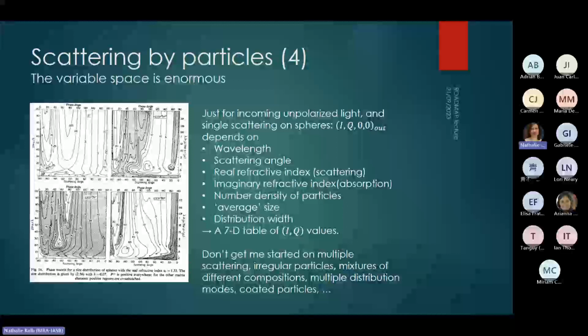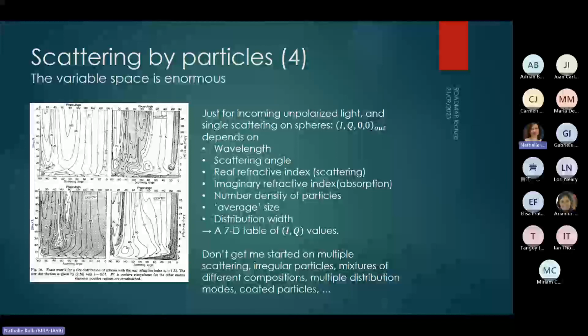It is very, very complicated. Just to give you an idea, if you have incoming unpolarized light, single scattering on spheres, so you have 2 components of the Stokes vector, I and Q. It depends on wavelength, scattering angle, real refractive index, imaginary refractive index, the number density of the particles, the average size, the distribution width.